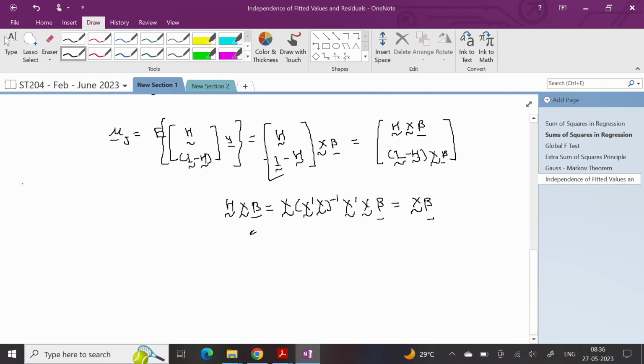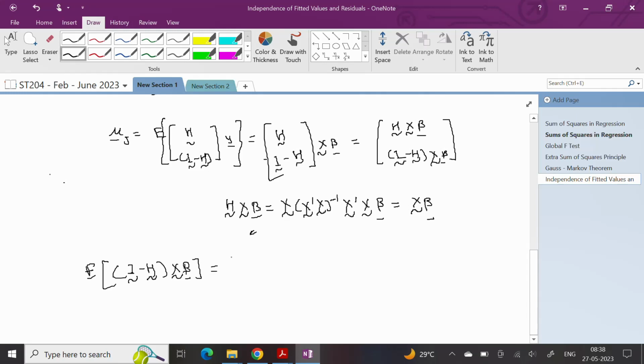The second term is the expectation of (I minus H) X beta.